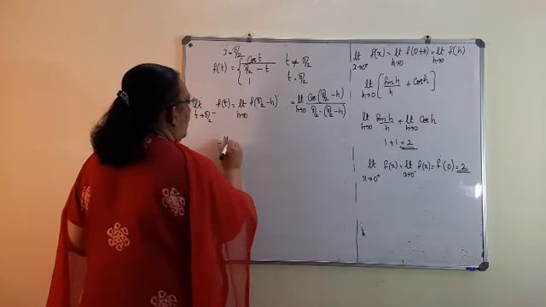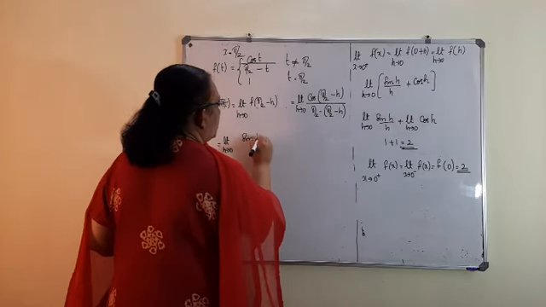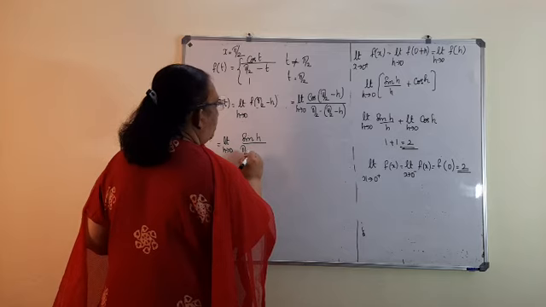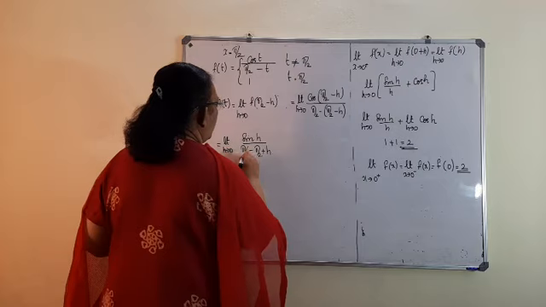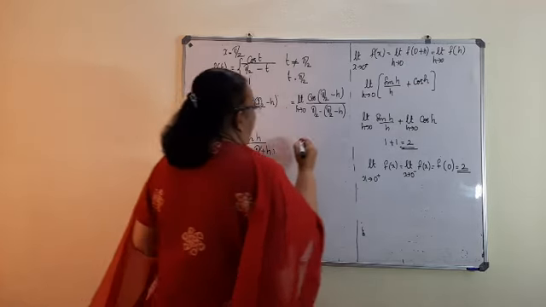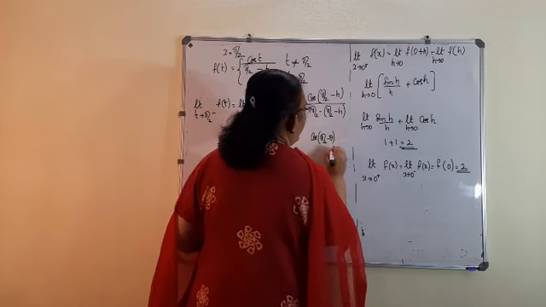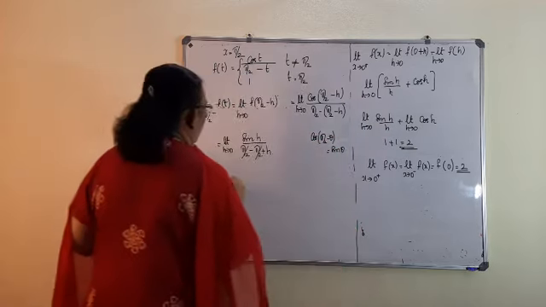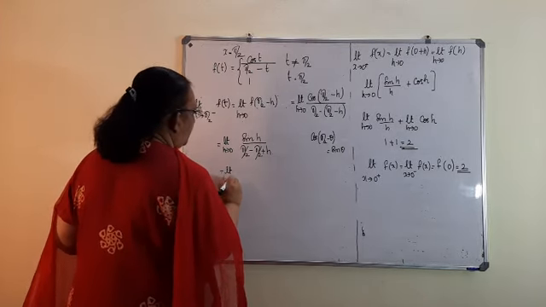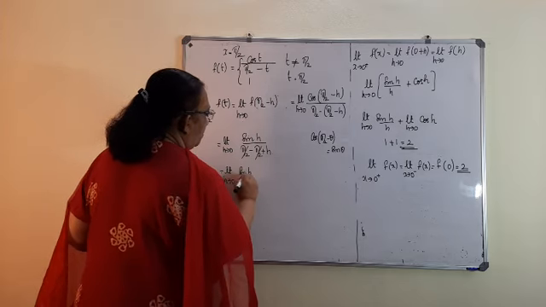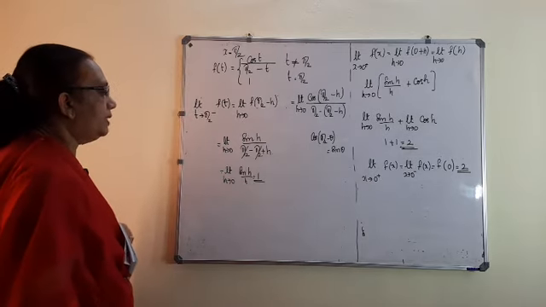Which is equal to limit of h tending to 0 cos of pi by 2 minus h is equal to sin h divided by pi by 2 minus pi by 2 plus h. When you open the bracket, cancel. Cos pi by 2 minus theta is equal to sin theta, and which is equal to limit of h tending to 0 sin h by h is equal to 1. So left hand limit is equal to 1.